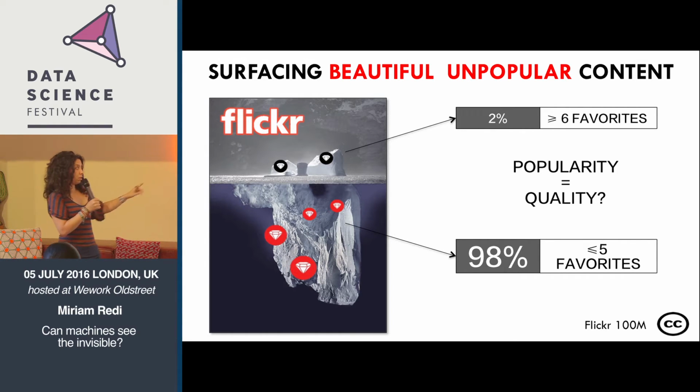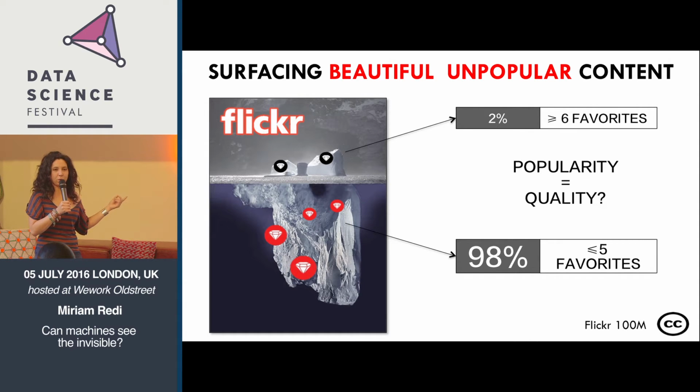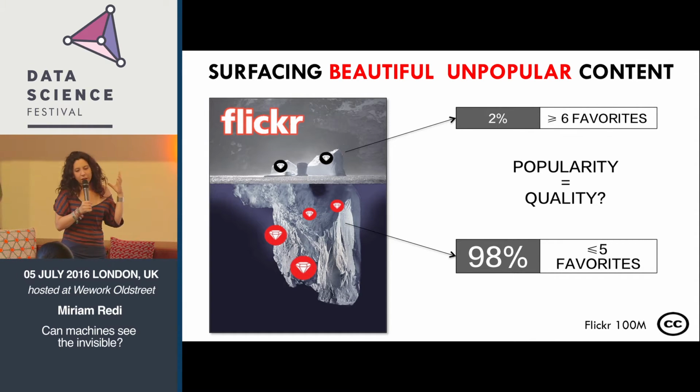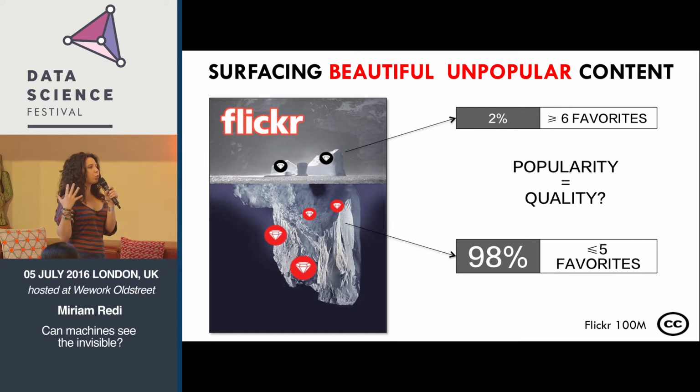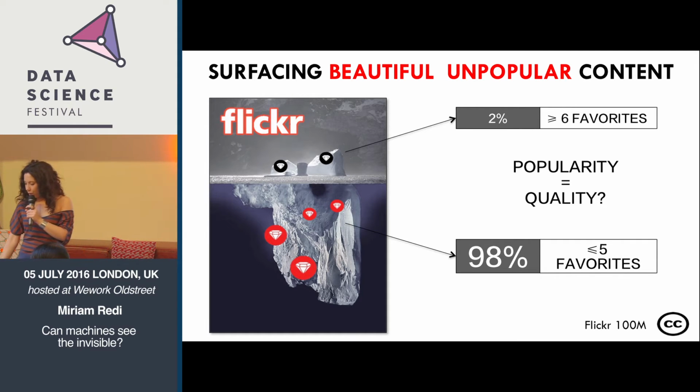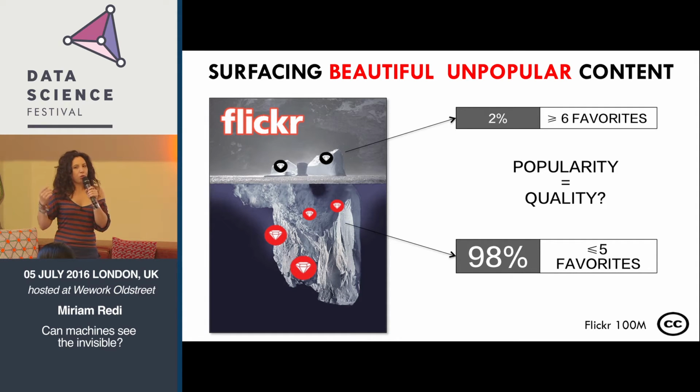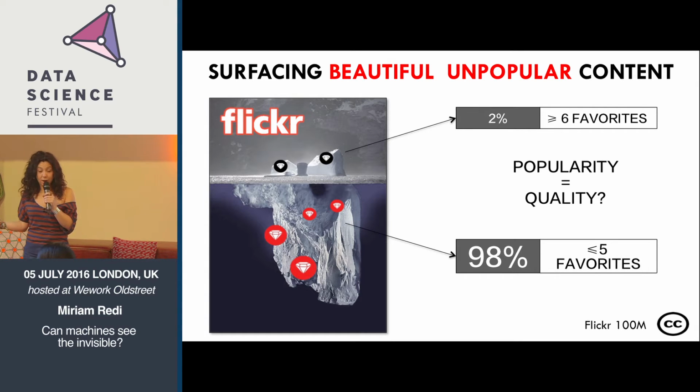And so as a result, the vast majority of Flickr pictures are actually kind of hidden, invisible to the final user. So together with this amazing colleague that I have, with the aim of promoting good quality content of our users, we asked ourselves: is popularity a good proxy for quality? Are all the beautiful pictures in Flickr lying on the surface of popularity?